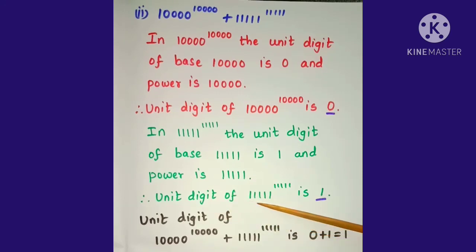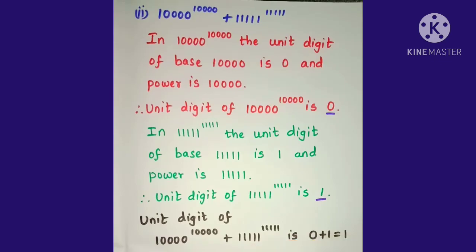The unit digit of 11,111 to the power of 11,111 is 1. Therefore, to get the sum of these two exponential numbers, you have to add the unit digits of these two expressions. So here we get 0, here 1. So 0 plus 1 is 1. So 1 is the unit digit of this numerical expression.